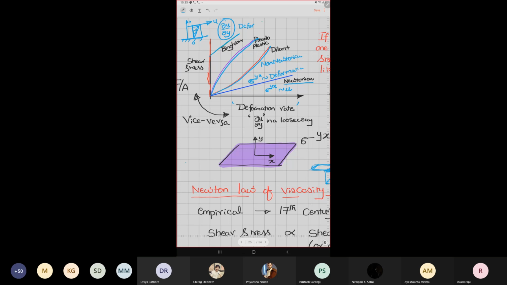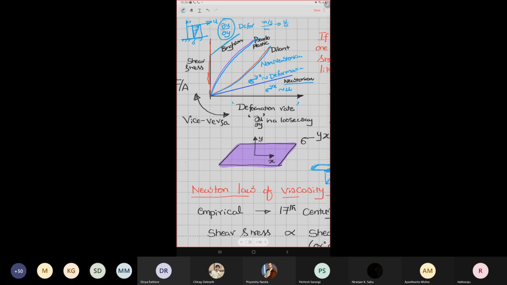Units are meter per second per meter, 1/second. It's more like Hooke's law, stress proportional to strain. But in fluids, whenever stresses are applied, they are always subjected to continuous deformation. So it's not appropriate to talk in terms of deformation or strain, but it is appropriate to talk per unit second, or per unit time, of how much deformation has happened.